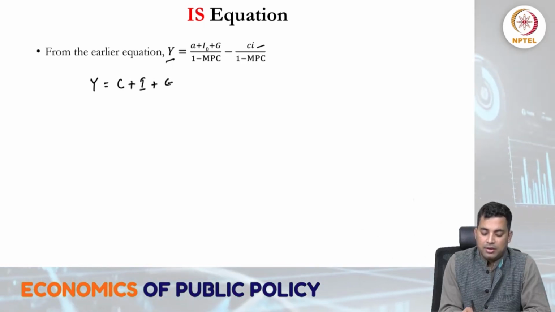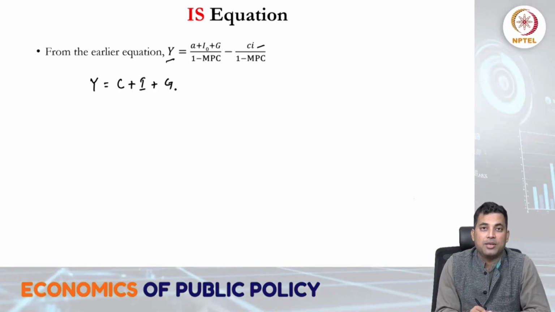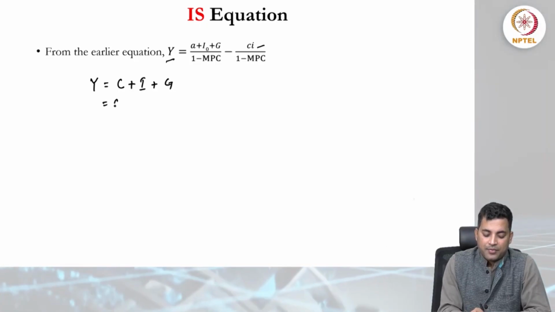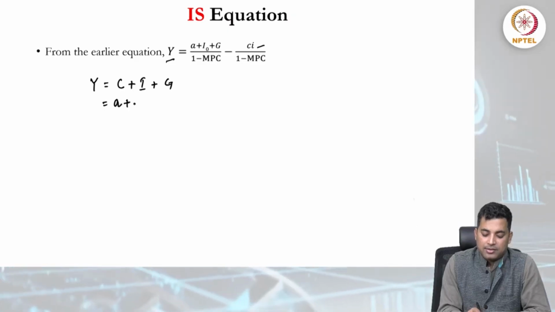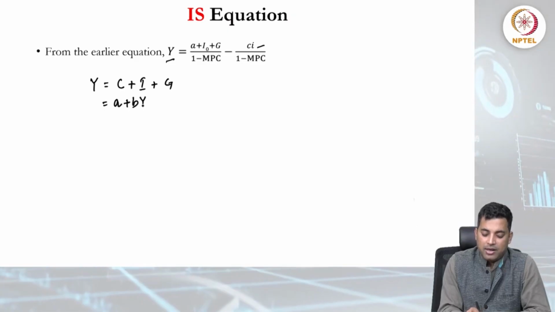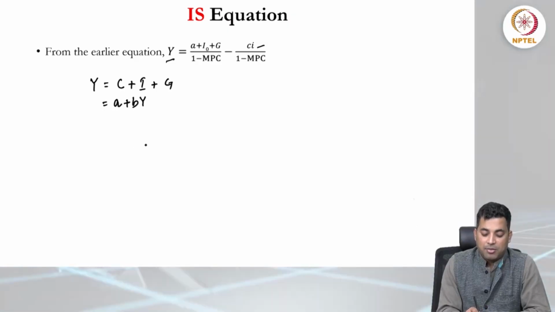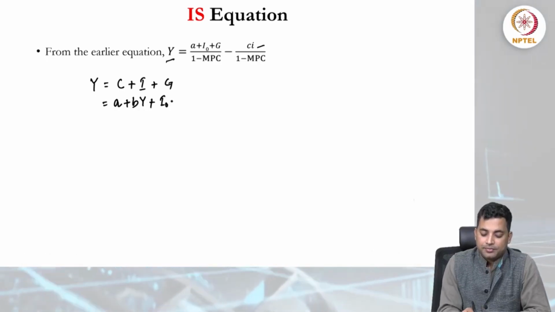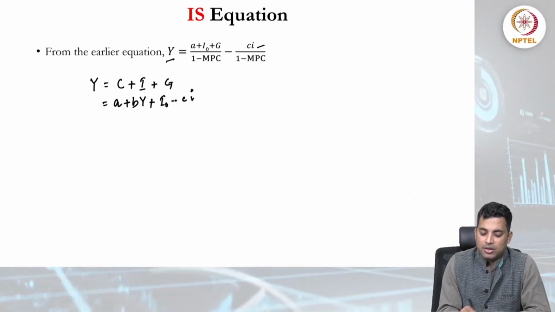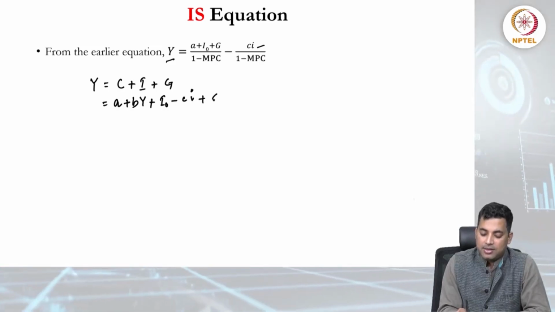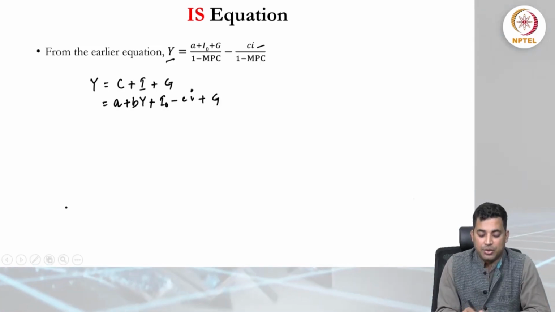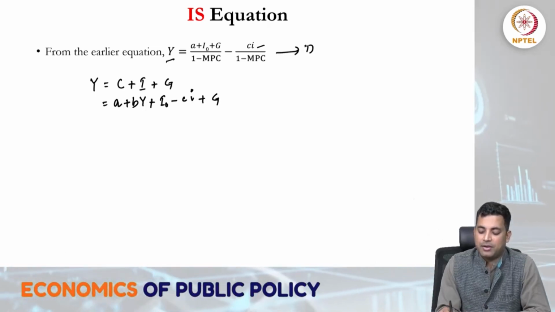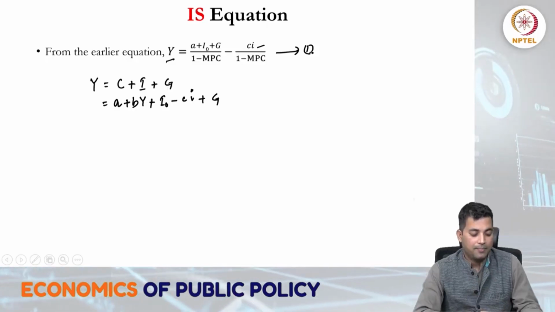We got it from the aggregate demand function of the closed economy, where C is small a plus small b y, and small b is the marginal propensity to consume, and here I naught minus small c i plus government expenditure, which is known. So from here we get the ICE equation, equation 1.